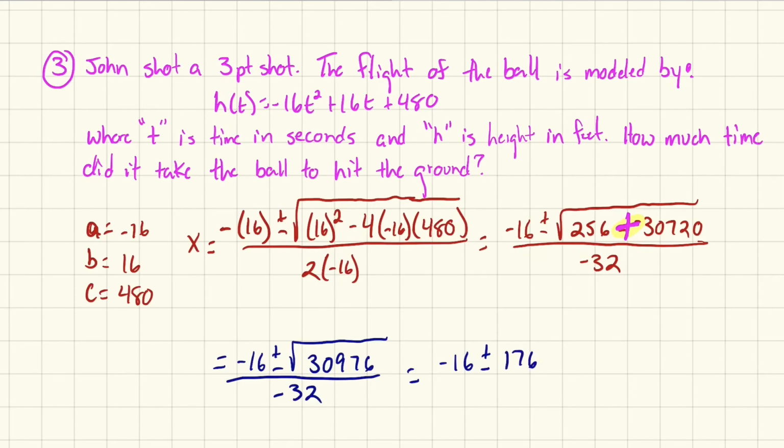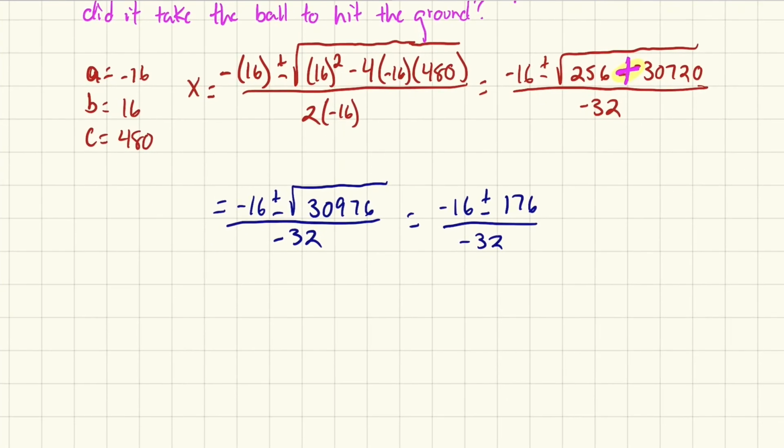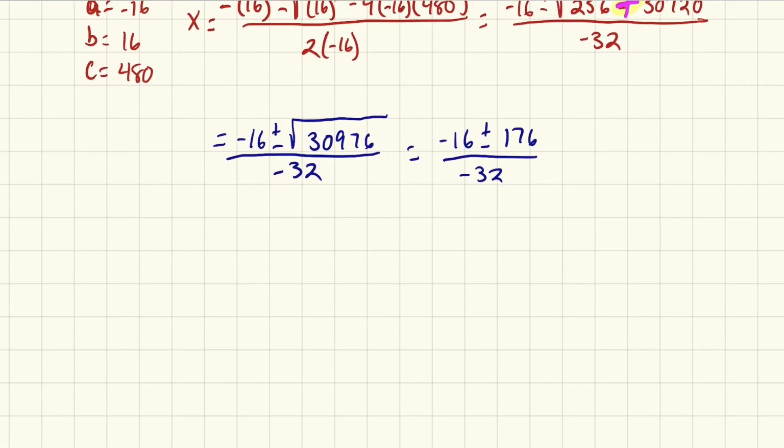That's a pretty manageable number, and we're going to divide by negative 32. Now, as we've talked about in these problems, when we get down to this step, we know we have two separate answers. We have one answer that is negative 16 plus 176 over negative 32, and we have another answer that's negative 16 minus 176 over negative 32.